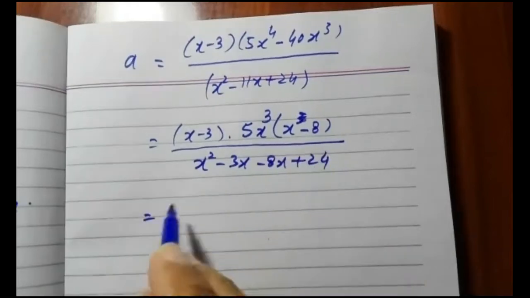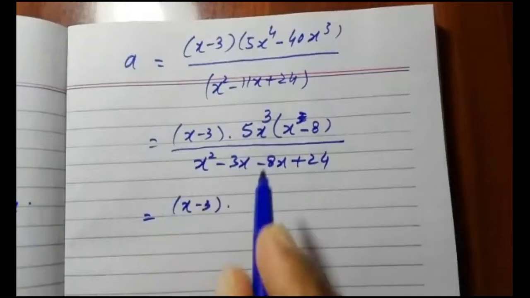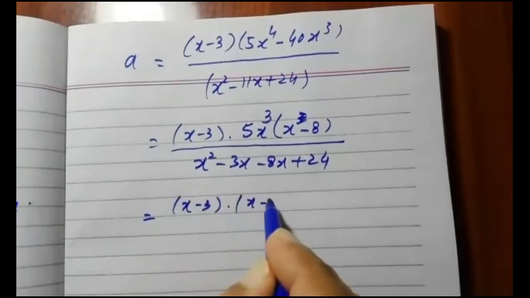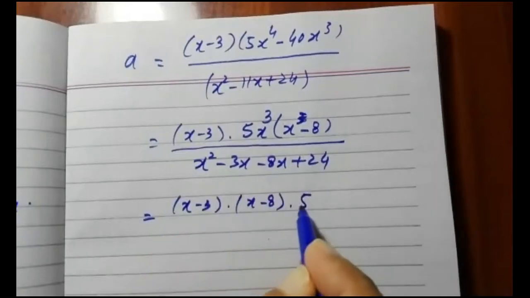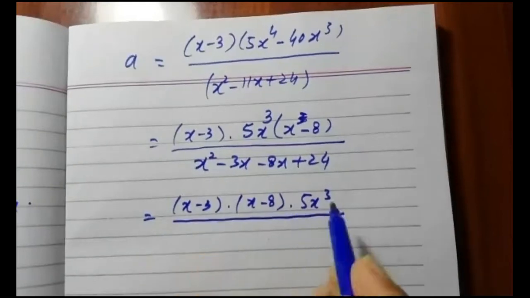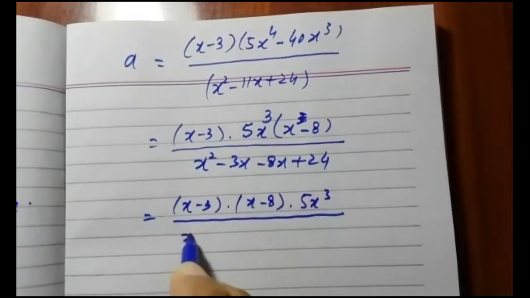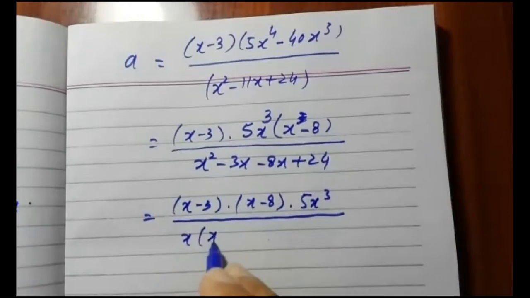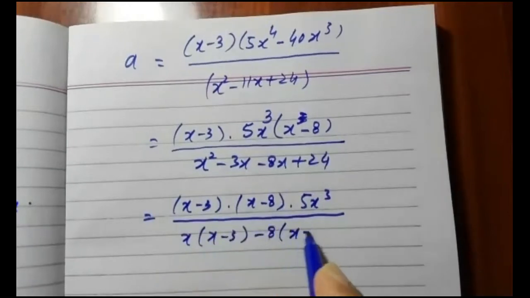By midterm breaking we factorize: x minus 3, x minus 8. Take out x as common, and minus 8 common, x minus 3.